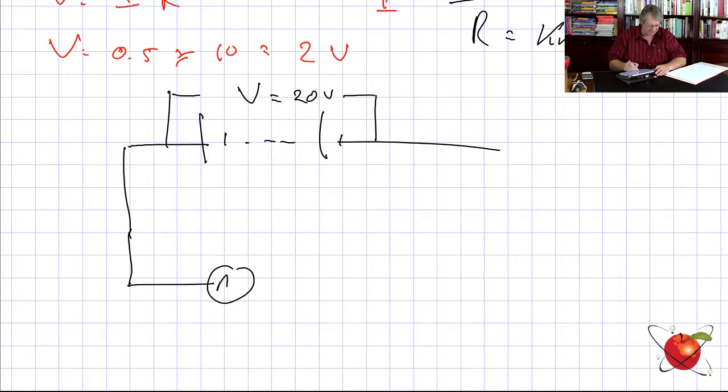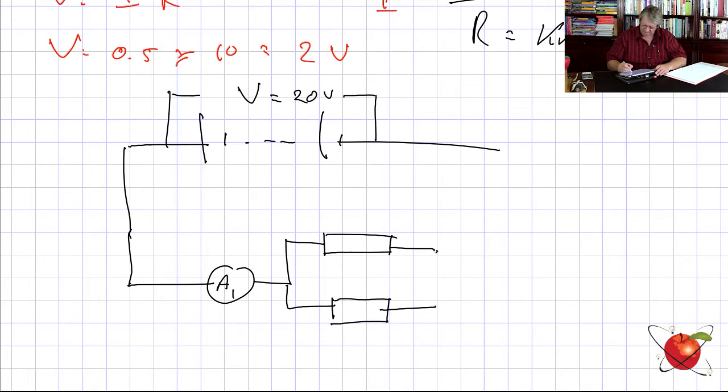There is an ammeter over here, A1. Then there are resistors in parallel over here, like that. This is 20 ohms. This is 60 ohms. Then there's another ammeter over here, which is A2, and another one, A3, there. And this goes up here.